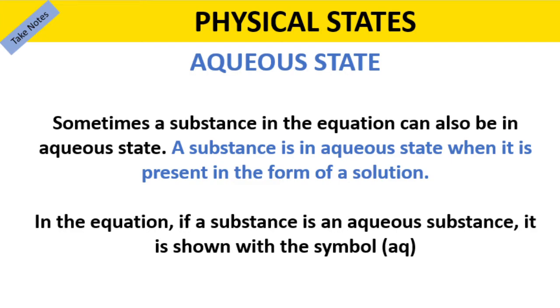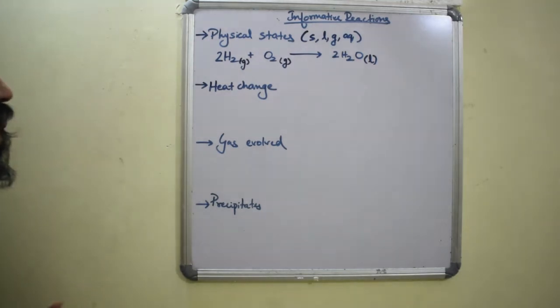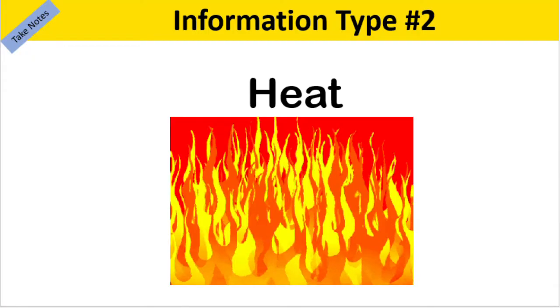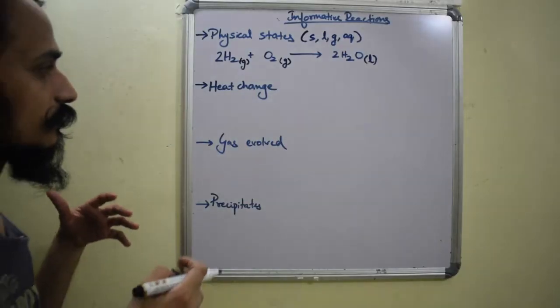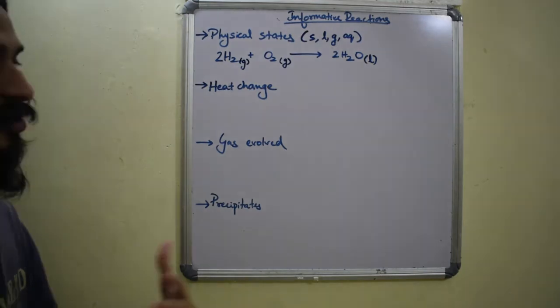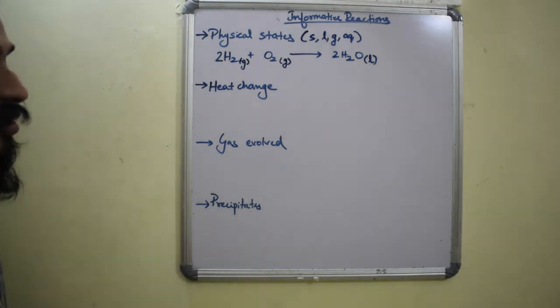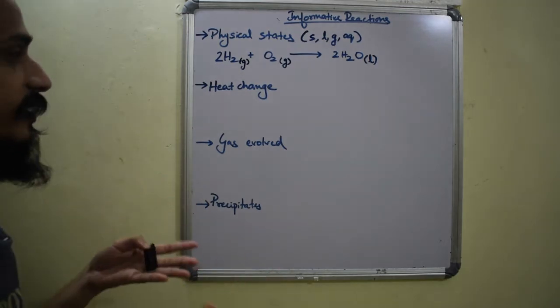Right? Now we'll move to the next one, heat change. We also saw yesterday how heat can be either created in the reaction or taken, or the reaction will need heat. The first reaction, calcium oxide, generates heat, right? The beaker becomes hot.